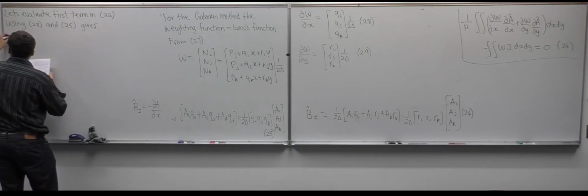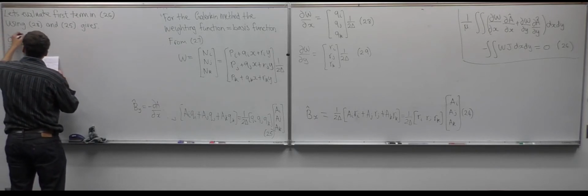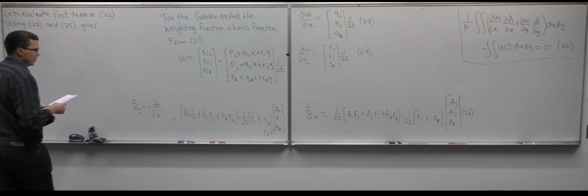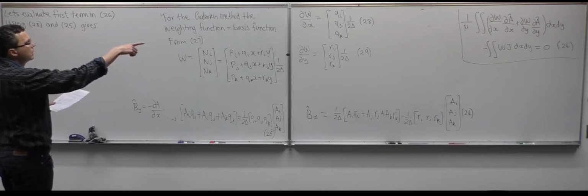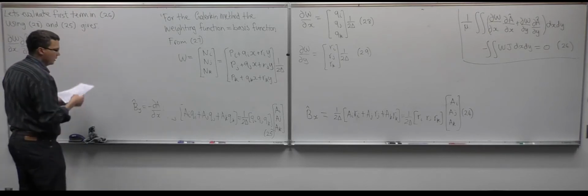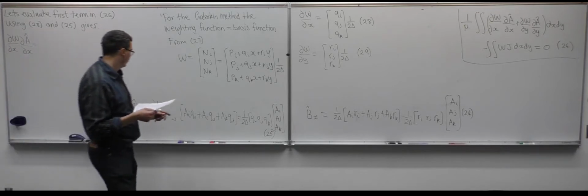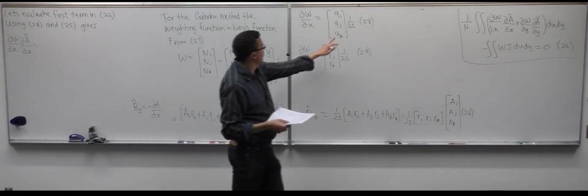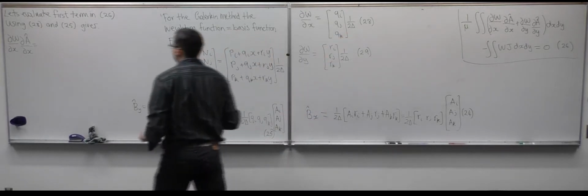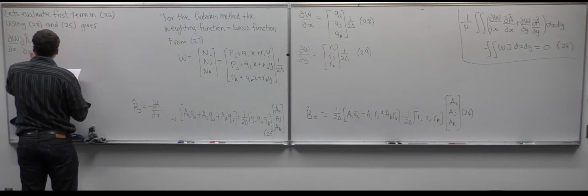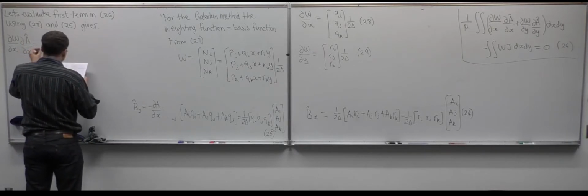So we have del W del x, del A del x. So del W del x is the 28. We've got 1 over 2 delta here, and we've got 1 over 2 delta here, so multiplying those two together gives 1 over 4 delta squared. So we have 1 over 4 delta squared.